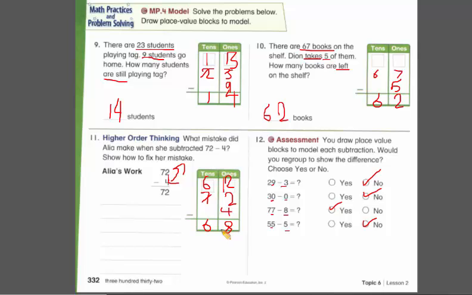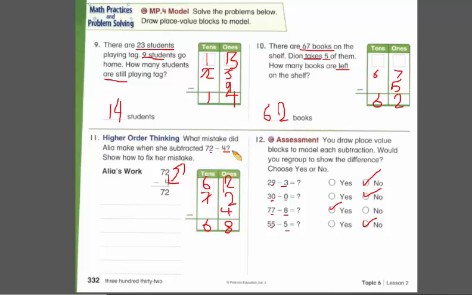For number 11, what mistake did Alia make when she subtracted 72 minus 4? Again, 4 ones is more than 2 ones. Always remember, when I have 4 here and 2 here, 4 ones is more than 2 ones.